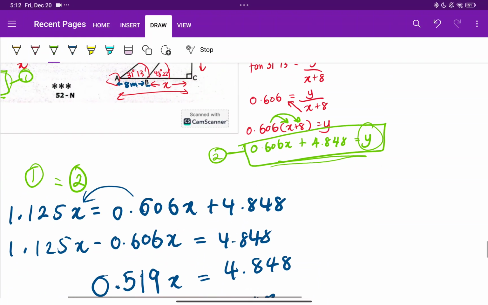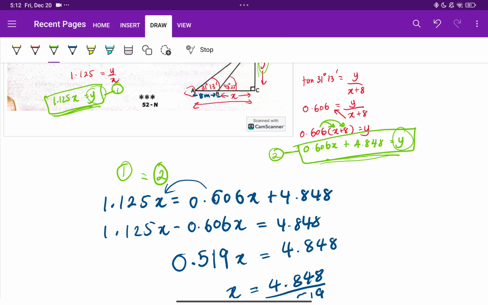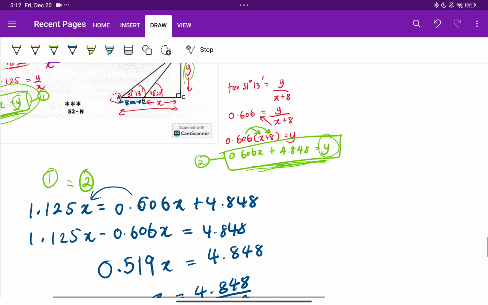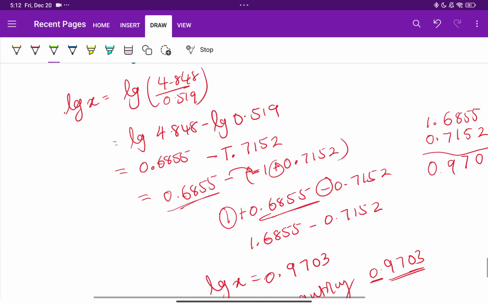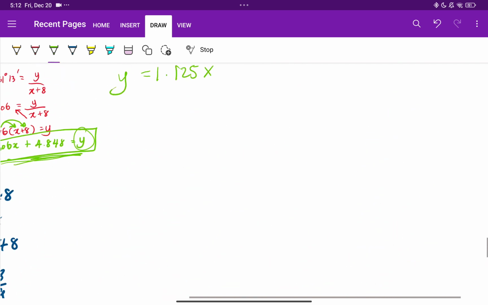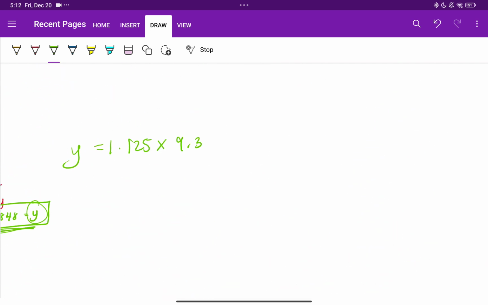They are asking us to find y, so we have two equations, 1, 2, so I can use either of them. I'll use this. So y is equal to 1.125 into x. So now x is 9.34. I'm going to use 9.34 here. Then we'll have to take the answer by multiplying.